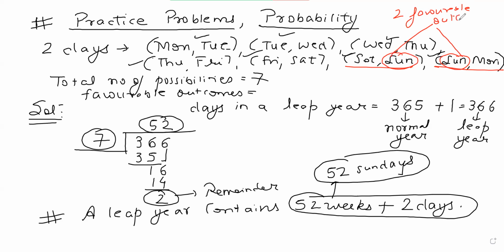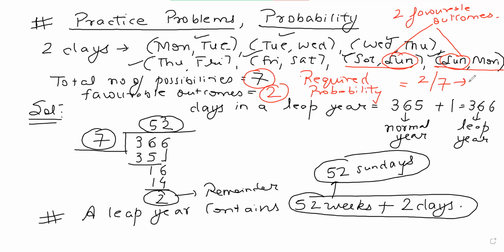For the 53rd Sunday to come, there are two favorable outcomes. So my required probability, we all know how to calculate probability. It's nothing but the favorable outcomes divided by total number of outcomes. 2 by 7 is the answer for this question.